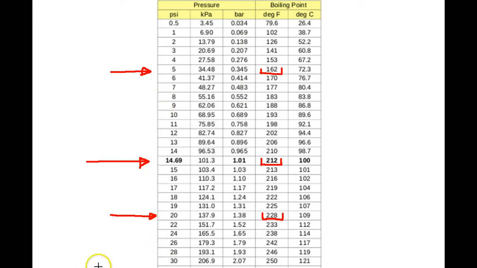So let's just take a look at what happens when we have some water that is at 30 psi of atmospheric pressure above it and 250 degrees Fahrenheit of heat applied.